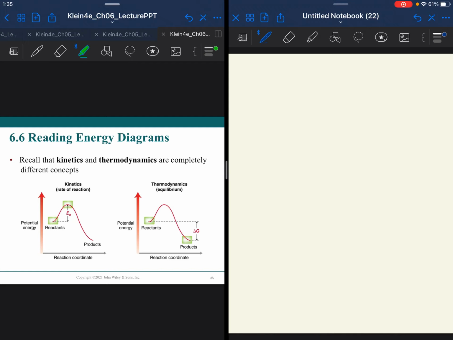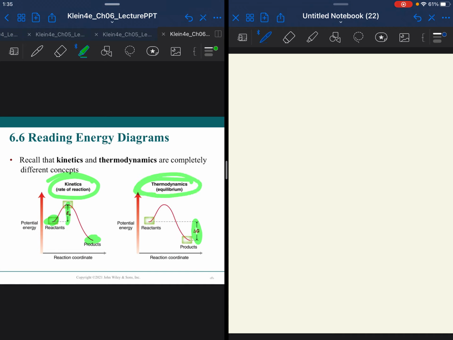Just reading energy diagrams, we've been talking about this, but just a few things to reiterate and point out before we go to part 2. Reactants are at the start, products are at the end. The difference between reactants and the maxima on the graph is your activation energy. The difference between reactants and products is your overall change in energy. So the rate of the reaction is discussed when we talk about kinetics, and that is driven by activation energy.